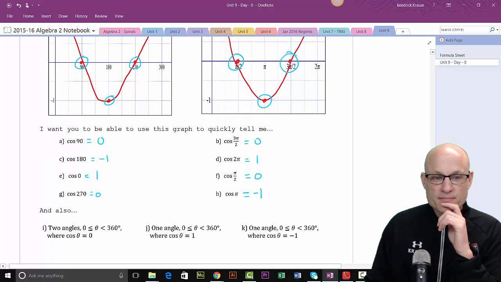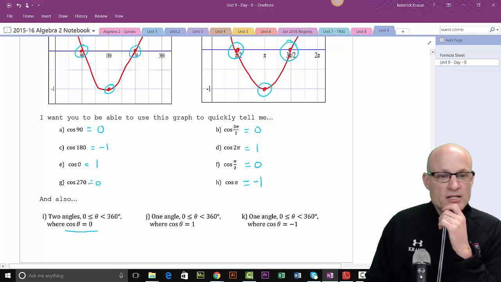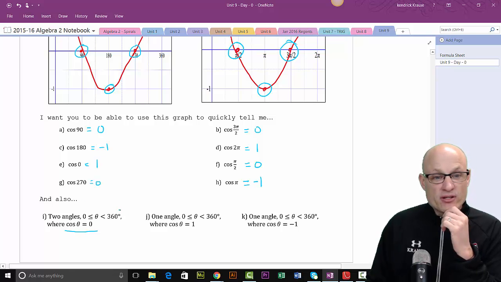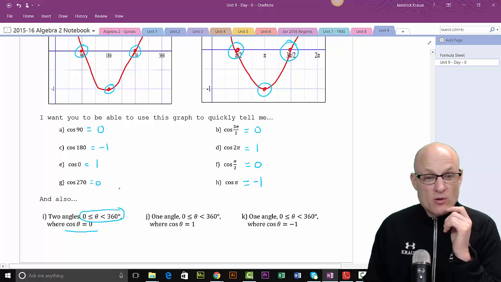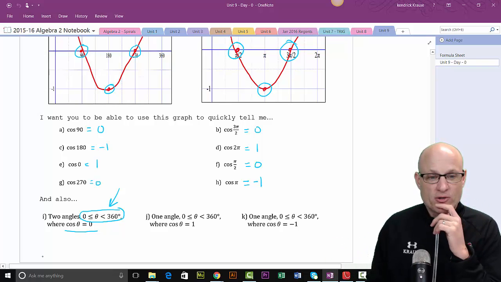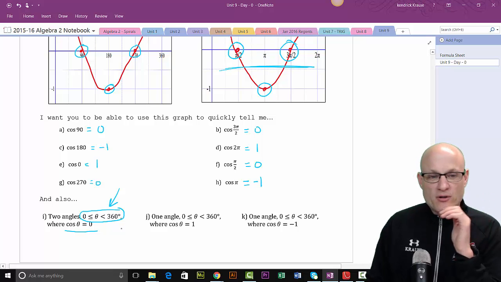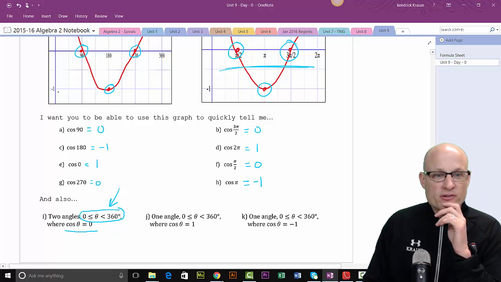All right, we're almost done. List 2 angles where cosine equals 0. Well, I can do this in degrees. Notice here they said between 0 and 360. That means you have to list them in degrees. Depending on what range or restrictions they tell you, you have to list them in those. So I couldn't list them in radians. So the 2 places where it's 0 are 90 degrees and 270 degrees.